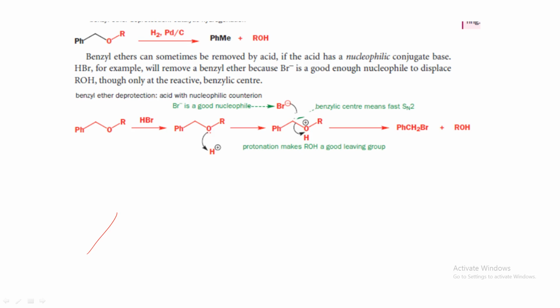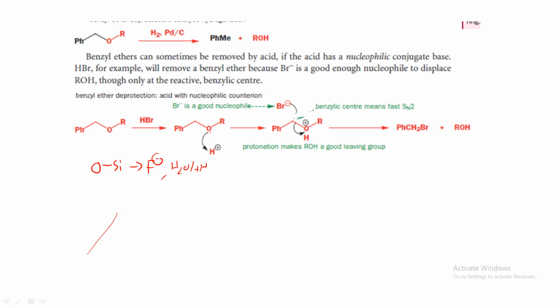Here you can see benzyl ethers, and they are also used in this type of protection group chemistry. But this protection is very much stable compared to silicon, because oxygen-silicon bonds can easily be cleaved by F minus or H plus conditions.